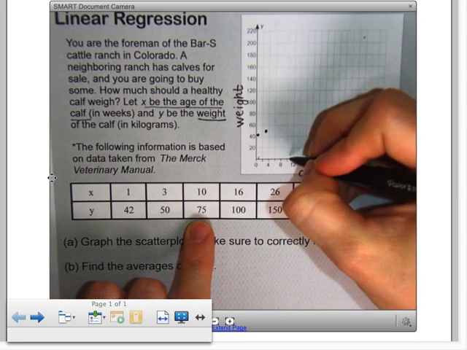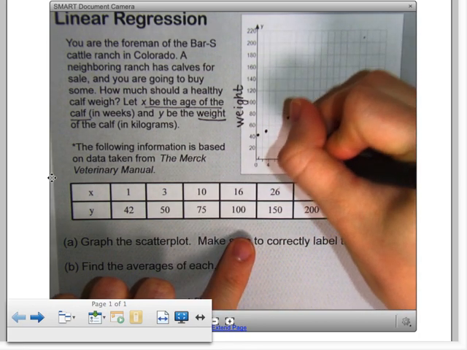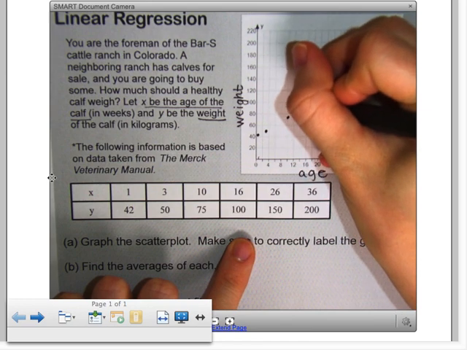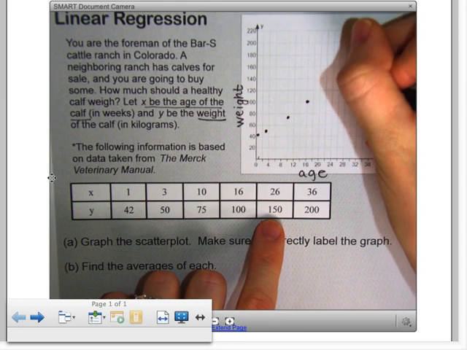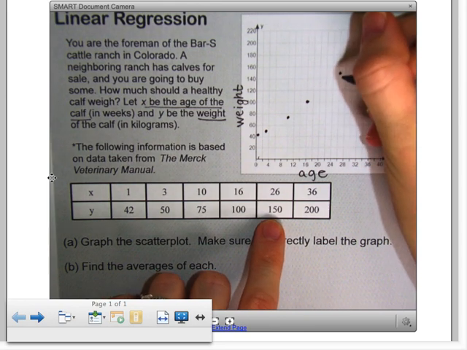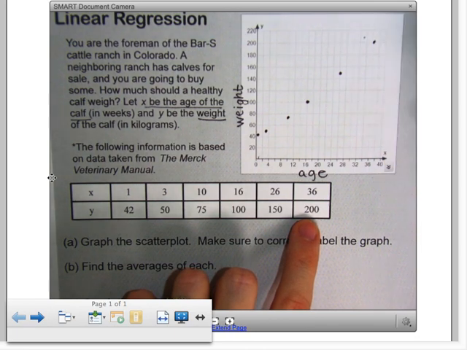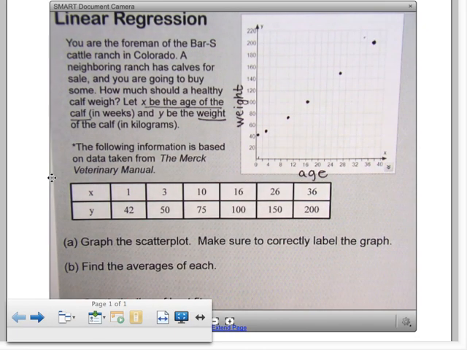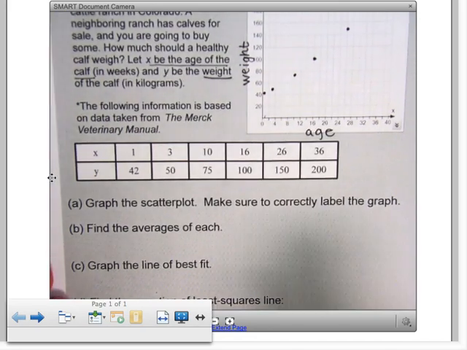I'll give you a second to go ahead and finish. Okay, so after we graph that, the next thing we're going to do is find the averages.